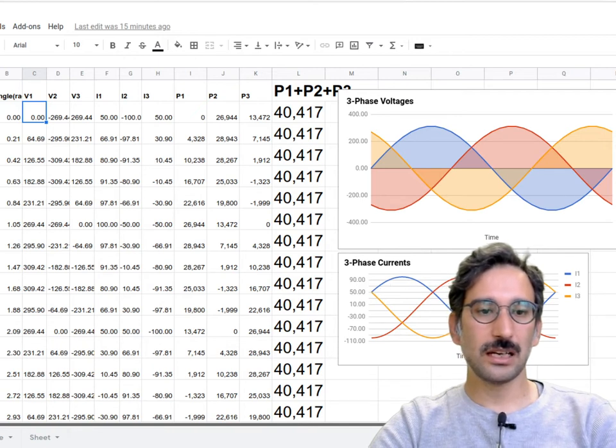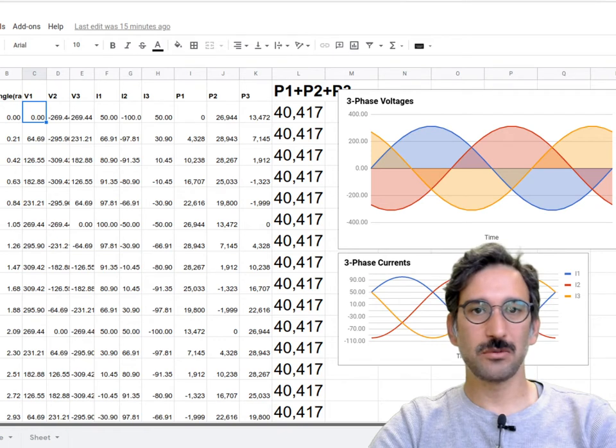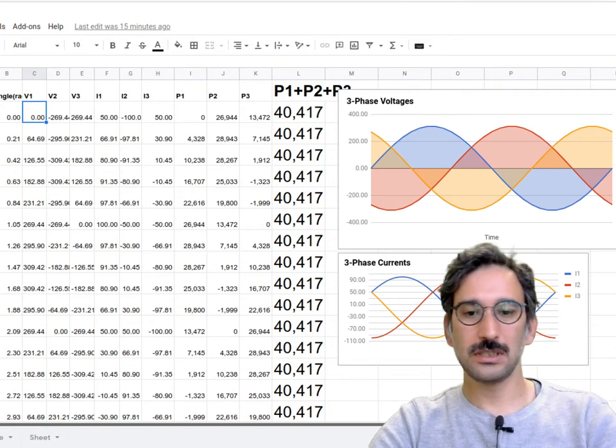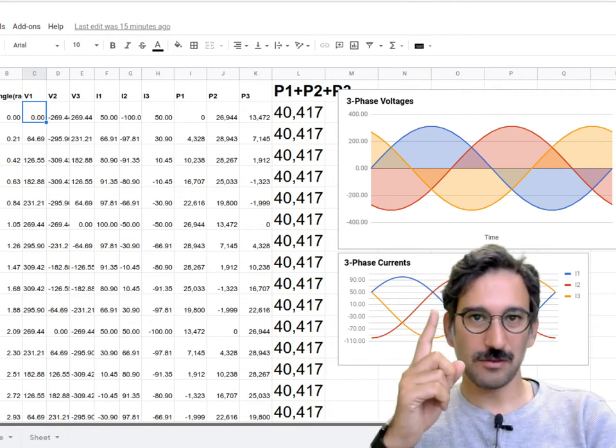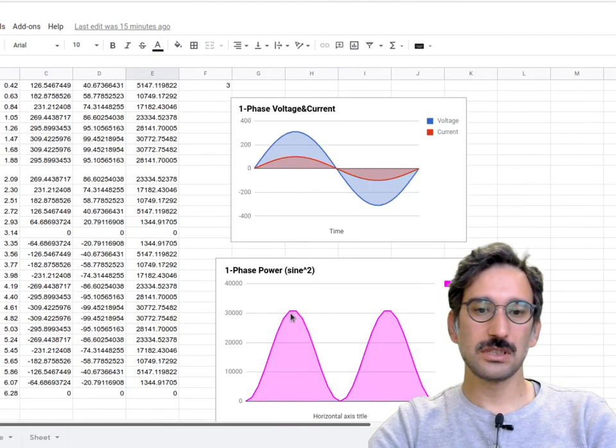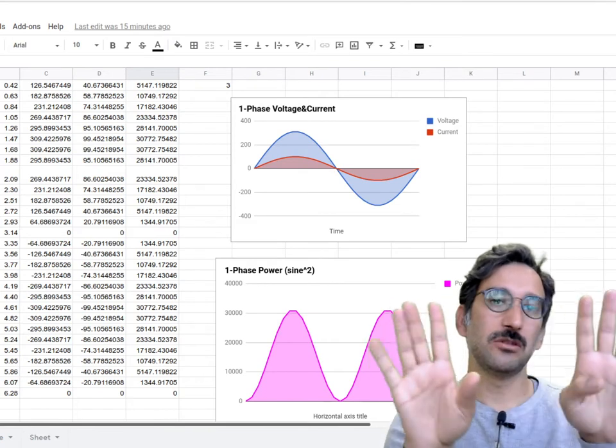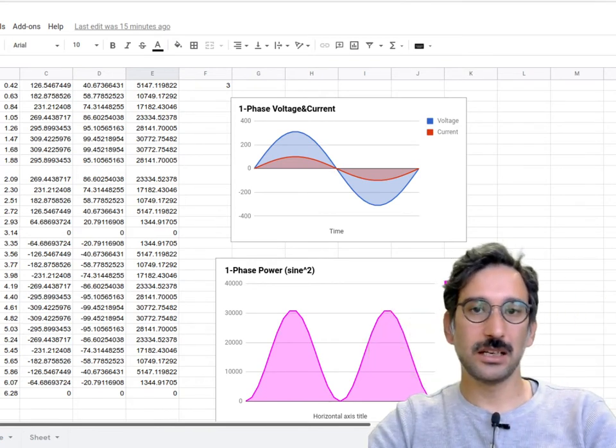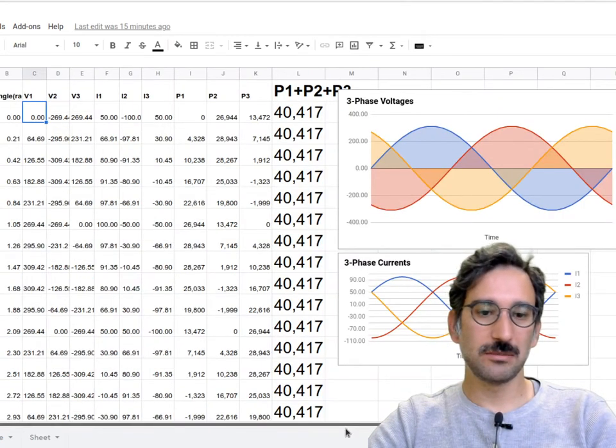Once you multiply those, each phase produces the same sine square waveform, but those sine squares are also separated by 120 degrees between each other.